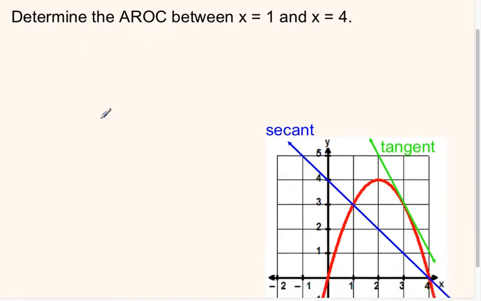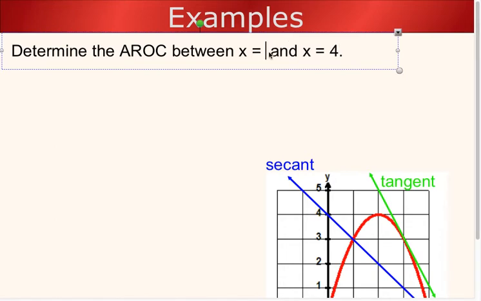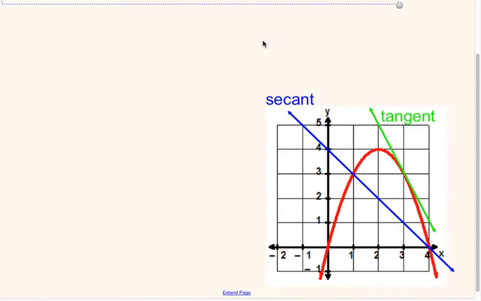Okay, here's another example. Oh, I just did this example. So let me change it up a little bit. So say I wanted to find the average rate of change, instead of between 1 and 4, now between 1 and 2.